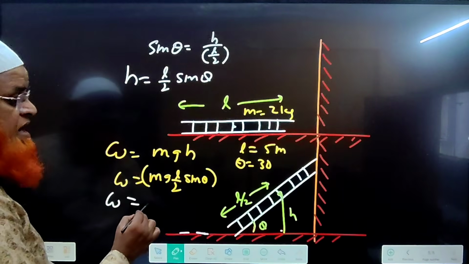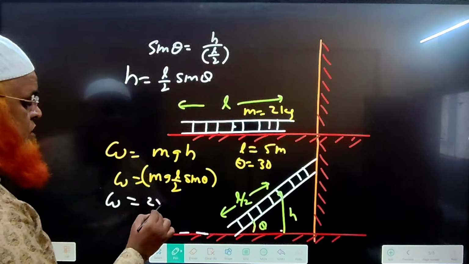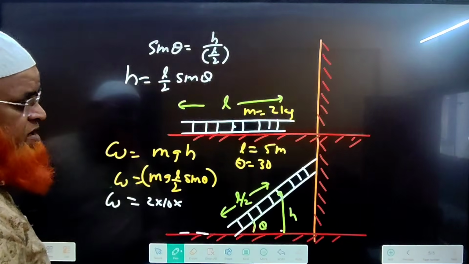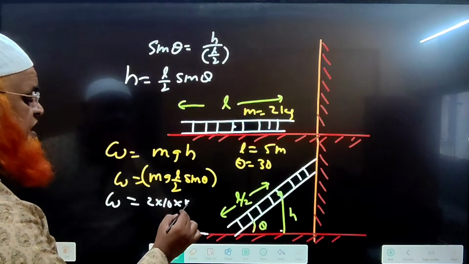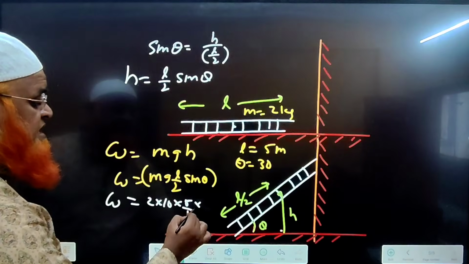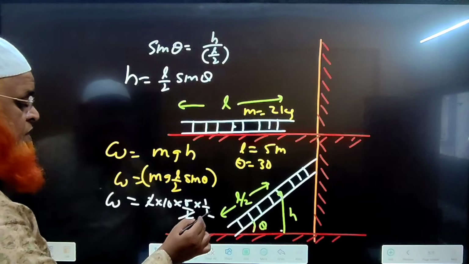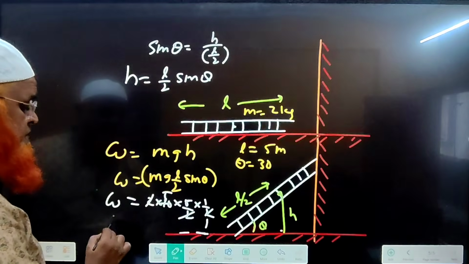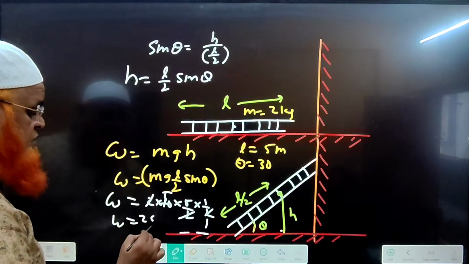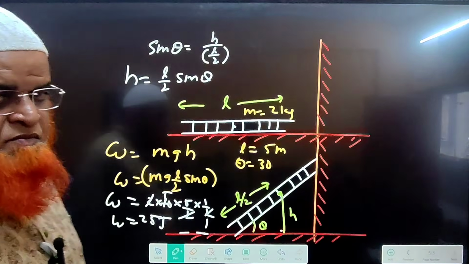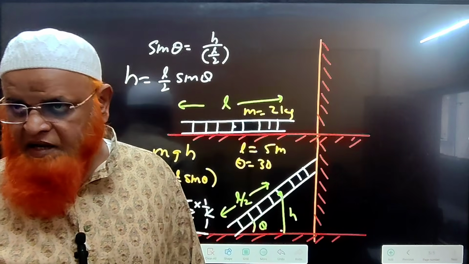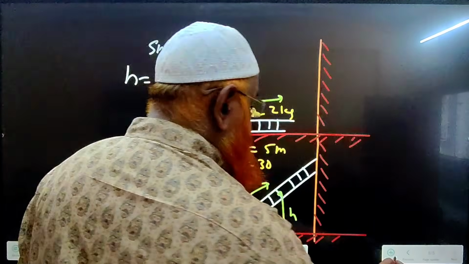So W is equal to mass of the ladder, which is 2, g is 10, length is 5 meters, means 5 by 2, sine 30 is 1 by 2. Understand? So 2 gets cancelled. 2 ones, 2 fives. So W is equal to 5 fives are 25 joules, which is your answer. Understood what I am saying? Is it clear? So this is one concept.